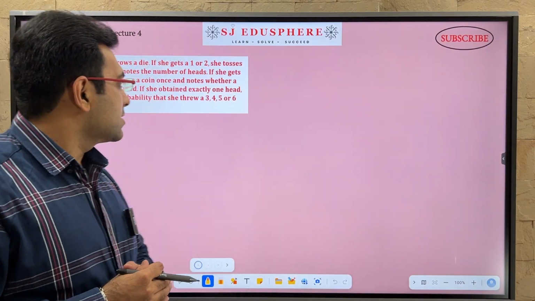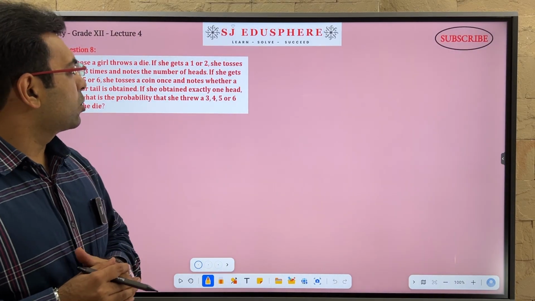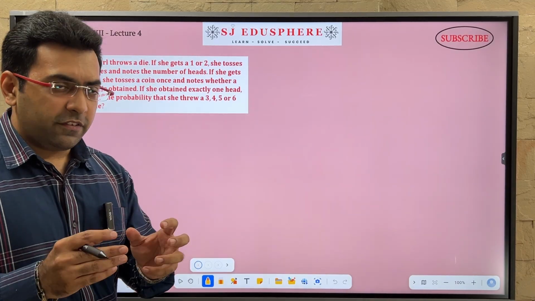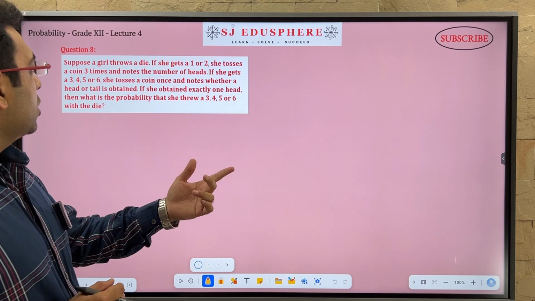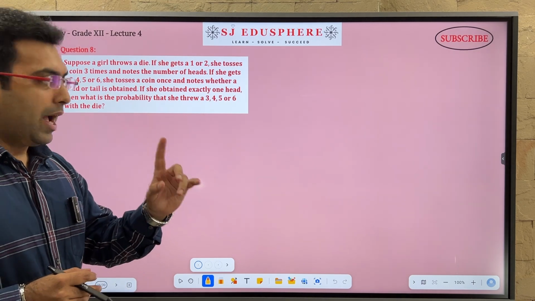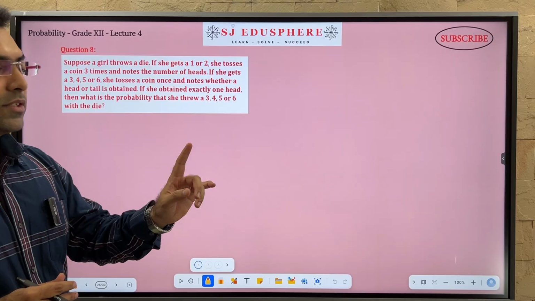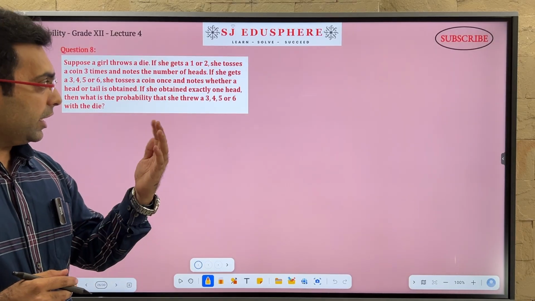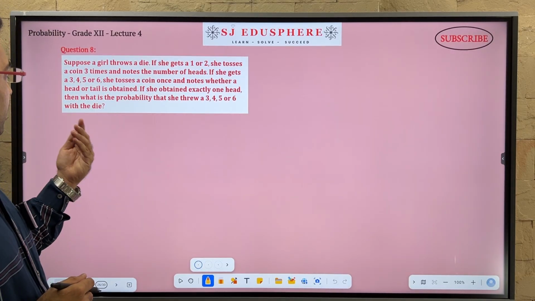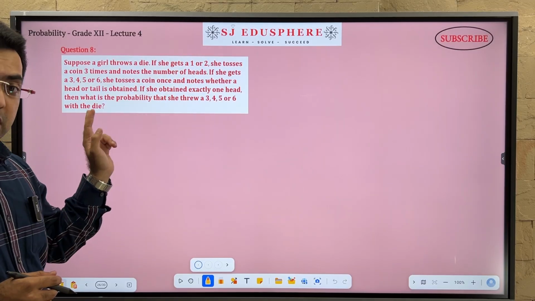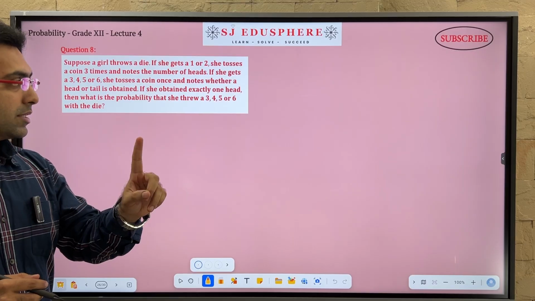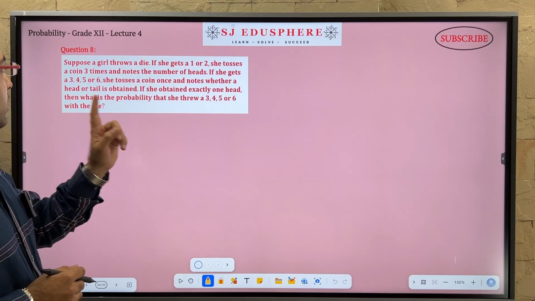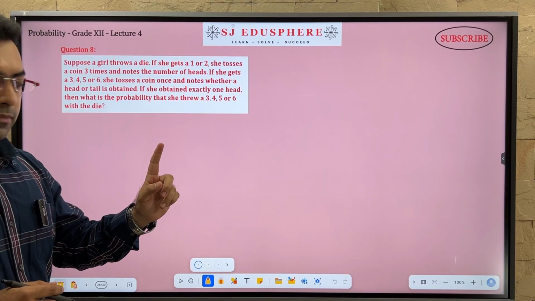Let us look at the next sum, which says a girl throws a die. If she gets the number 1 or 2, then she will toss a coin 3 times. And note the number of heads which she is getting. If she gets 3, 4, 5, 6, which is your complement of 1 and 2, she will toss the coin only once and notes whether it is a head or a tail.